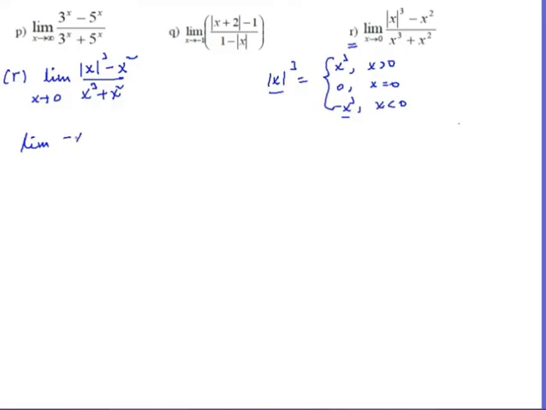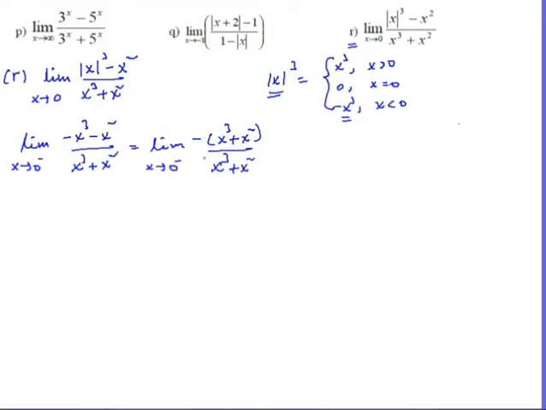So it becomes minus x cubed minus x squared over x cubed plus x squared as x approaches 0 from the left. That means whenever we consider negative values for x, we take absolute value of x cubed as negative x cubed. So this means the limit of minus into x cubed plus x squared over x cubed plus x squared as x approaches 0 from the left.